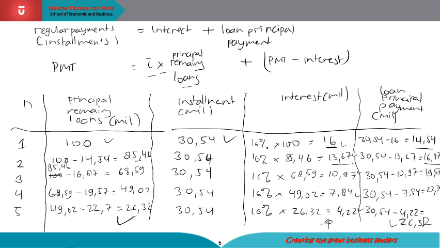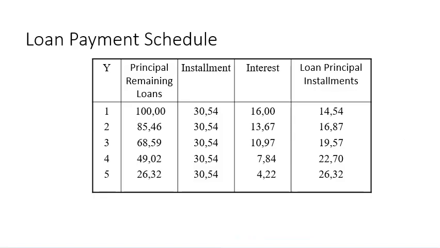Okay, all right, I'll go next. So how do I make this into the income statement, and how can we get the sum of all of the real payments for the loan? All right, so this is the summary of the things that we have done before, and I call this the loan payment schedule.